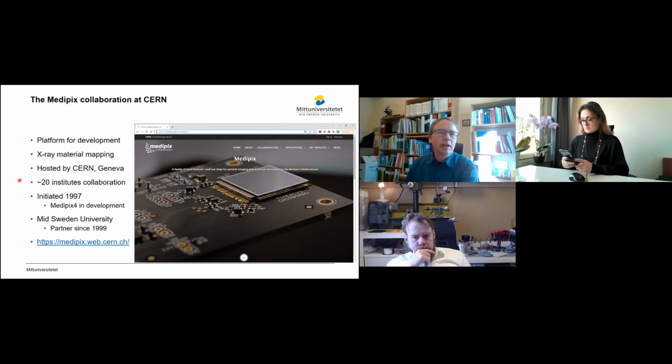This project has a little bit more than 4 institutes in collaboration. It was initiated in 1997, and now it's in the fourth generation. Smith Sweeney University has been a part since 1999. So you can contact CERN.